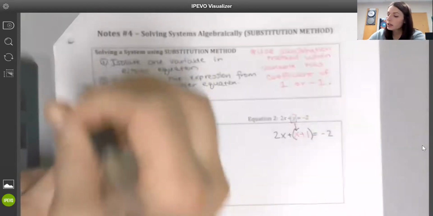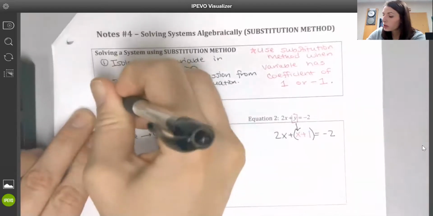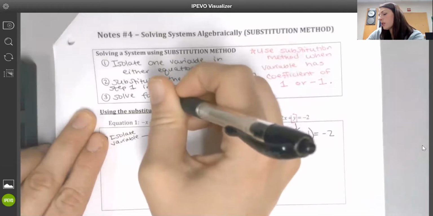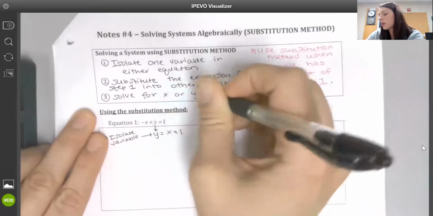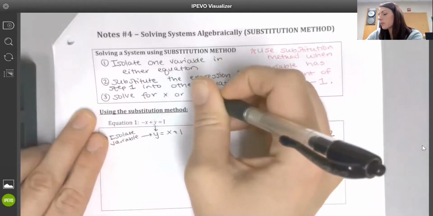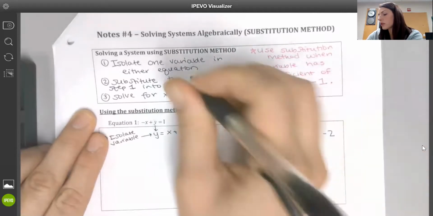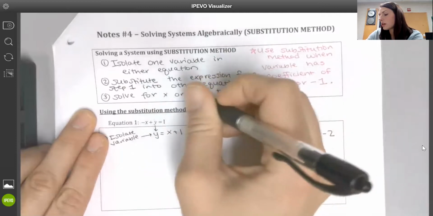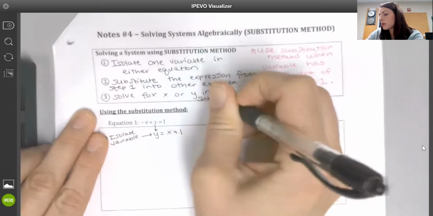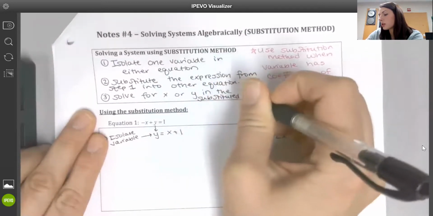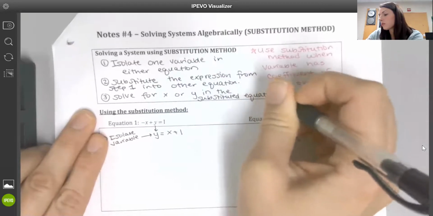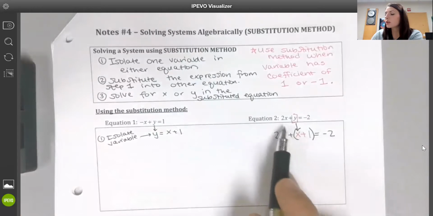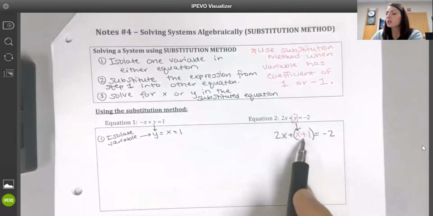And now I'm going to solve for x or y, depending on what you have substituted in, in the substituted equation. So in this equation, now I can solve for x, because I've gotten rid of having two variables and now I just have one.